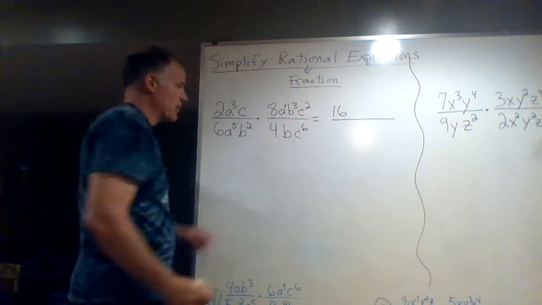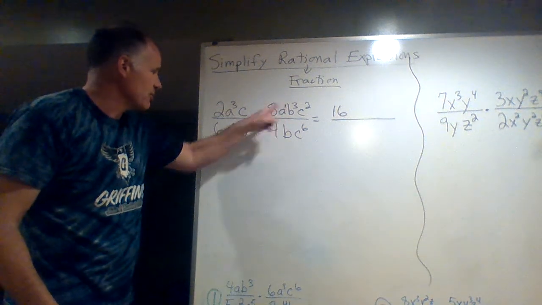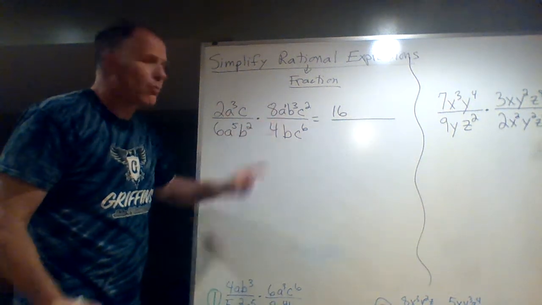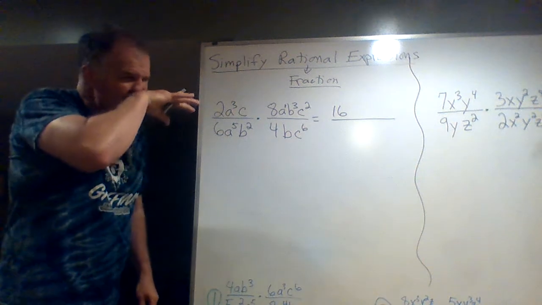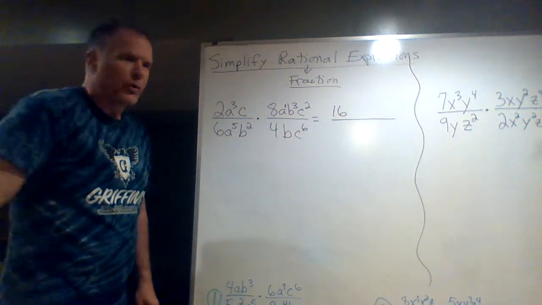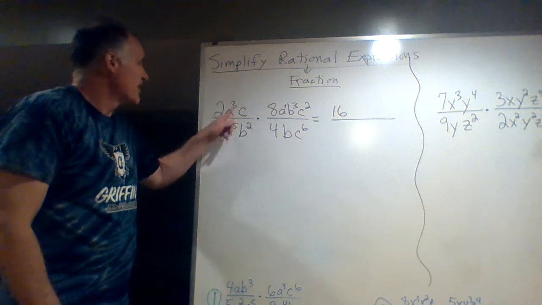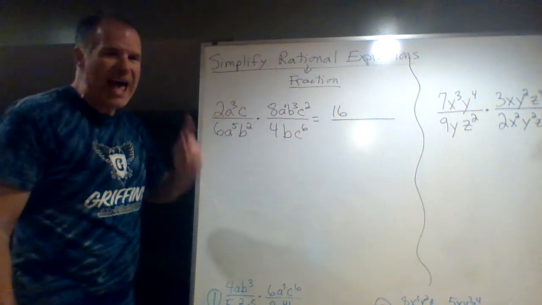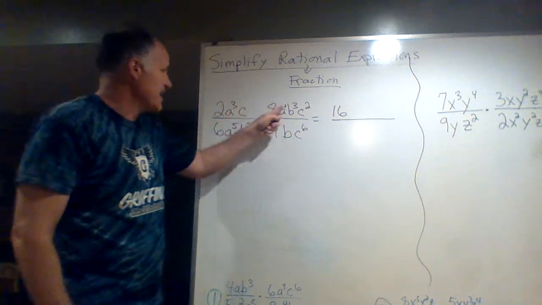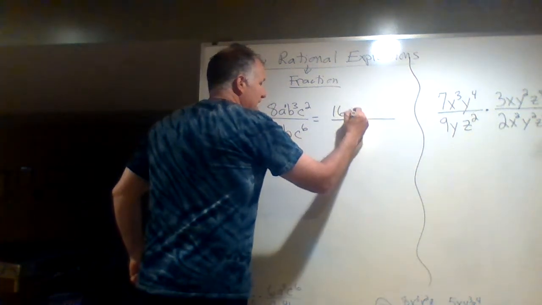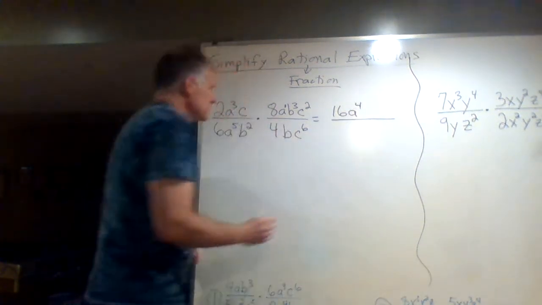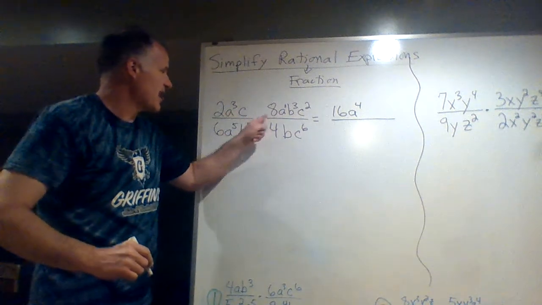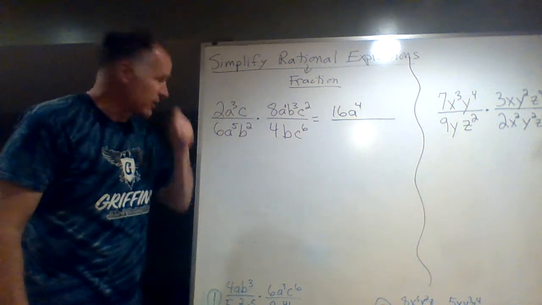That a didn't have an exponent, so put 1. a cubed times a to the 1. Remember back in Algebra 1, when you're multiplying the same letter, you add the exponents. So a cubed and a to the 1 is going to make a to the 4.